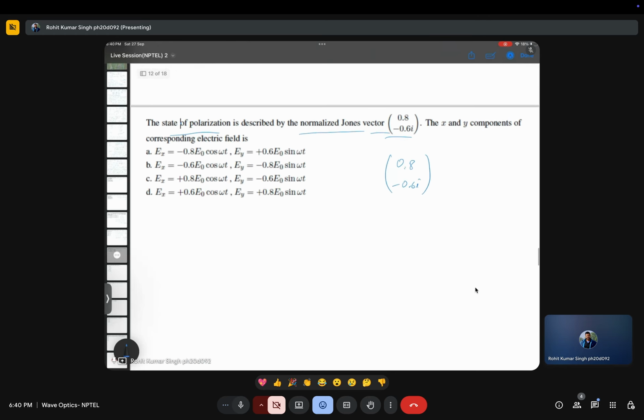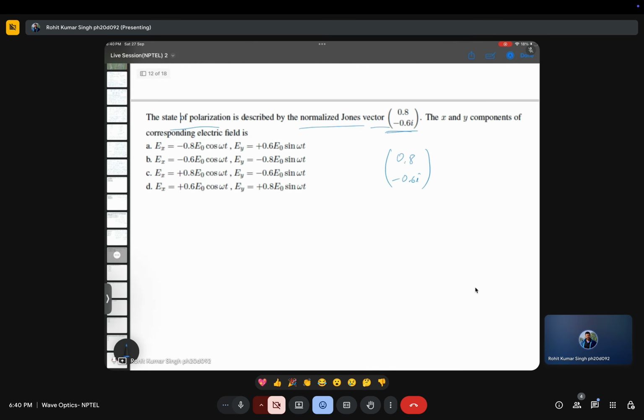Here the normalized vector is given, you have to find the x and y component. So what you can do, you can decompose it in terms of ket x and ket y. So 0.8 ket x minus 0.6 I ket y, right?